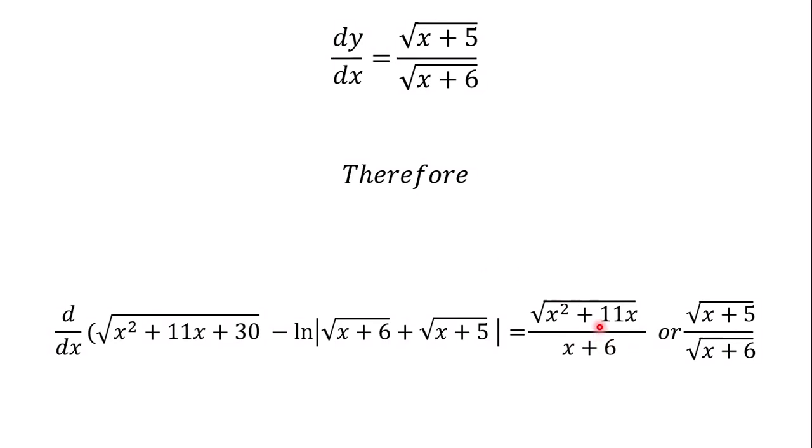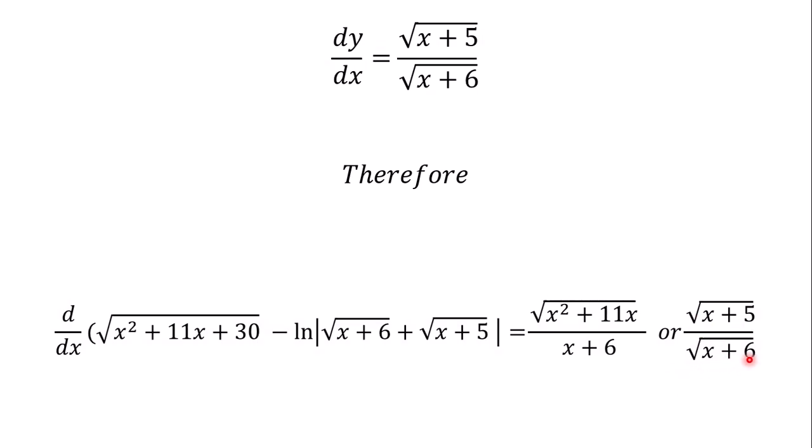When you rationalize this one also, yeah, this is what you are going to get. So here is square root of x squared plus 11x plus 30 over x plus 6, or square root of x plus 5 divided by square root of x plus 6.